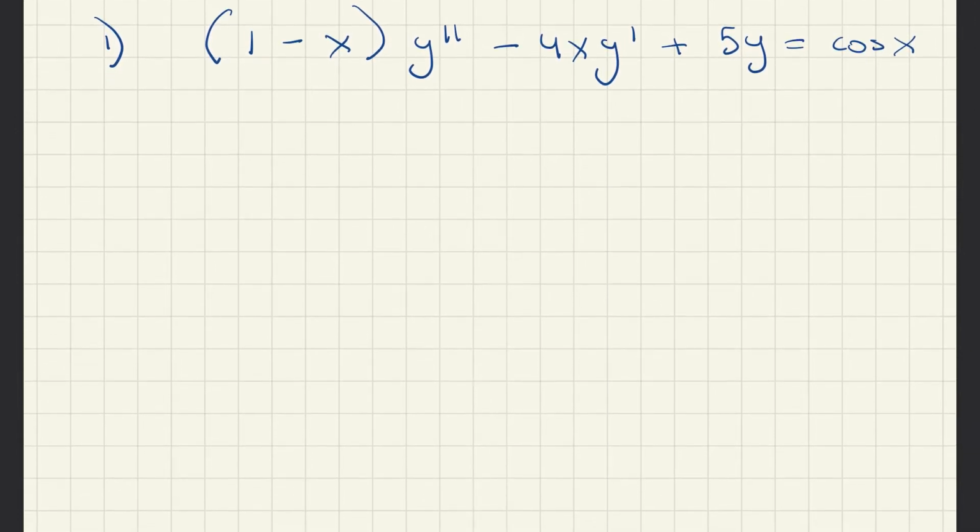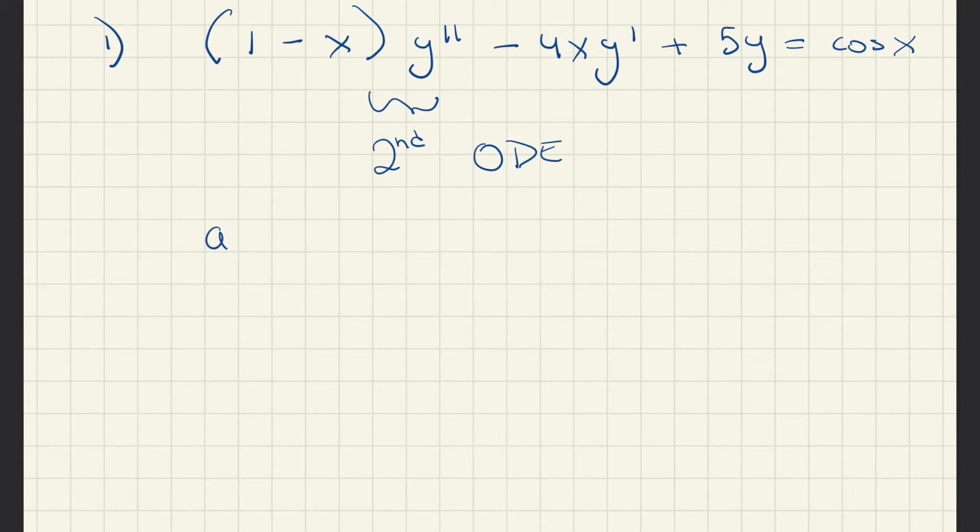For the first problem, in order to state the order of a differential equation, we just have to take the highest order. We know that y double prime is the highest order, so this is a second order ordinary differential equation. To see if this differential equation is linear or non-linear, we can put it in this form.